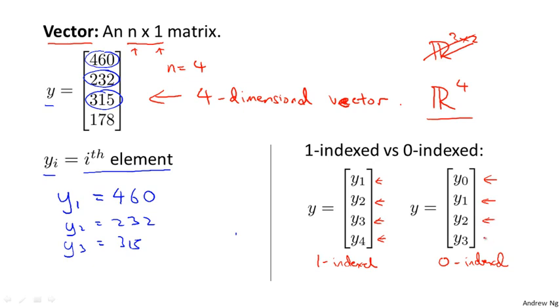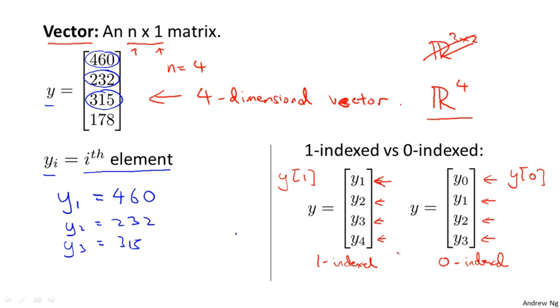So the elements go from y0 up to y3. This is a little bit like the arrays of some programming languages, where arrays can either be indexed starting from 1, so the first element of an array is sometimes y1, this kind of C++ notation, I guess, and sometimes is 0 index, depending on what programming language you use.